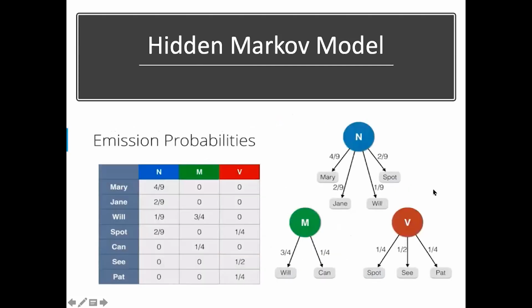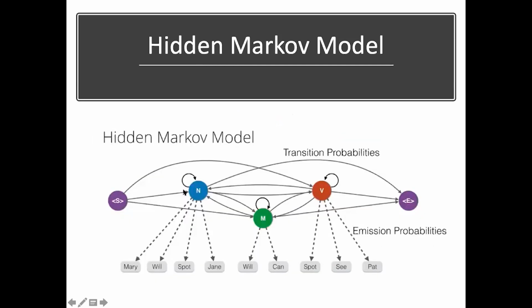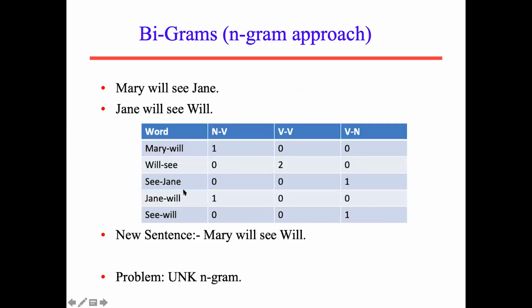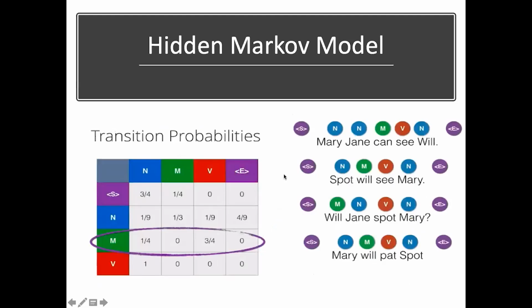So in the two sentences that we had, let's try to create a table that will help us understand. These are the sentences that we had: Mary will see Jane and Jane will see Will. The other sentence and the four new sentences are the ones we'll use to create this table.